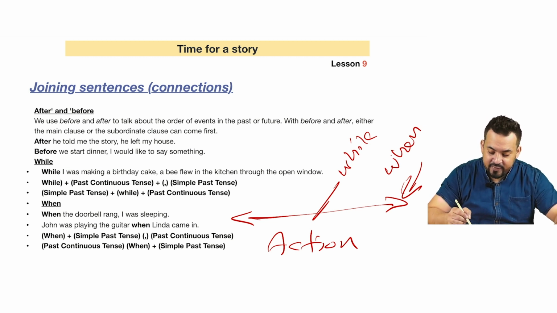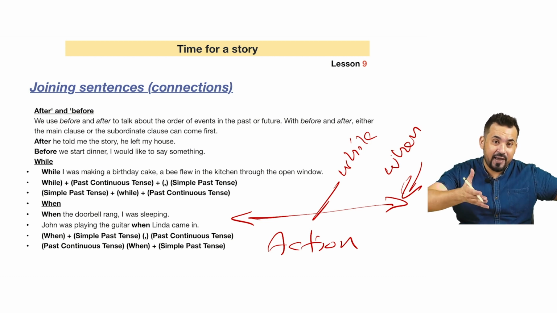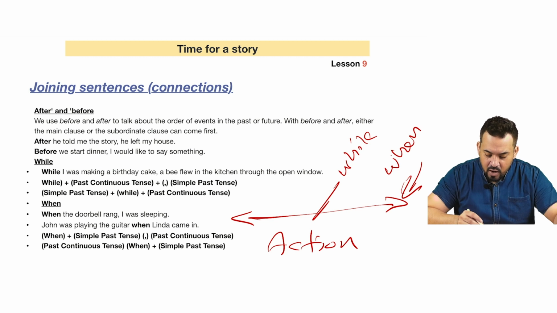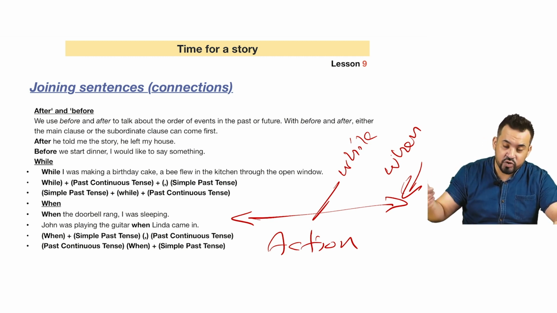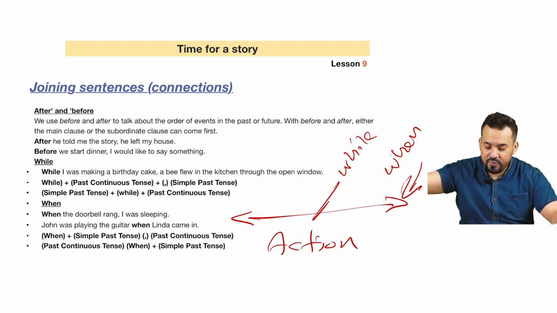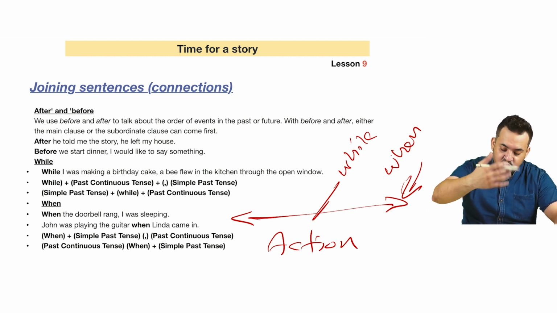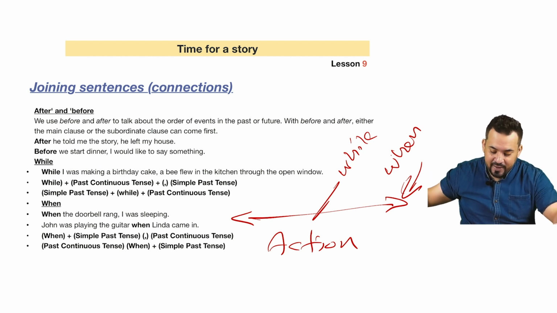John was playing the guitar when Linda came in. So John was playing the guitar, Linda came in. Okay, so immediately after. When is used with the simple past and the past continuous. We can use the past continuous, then when, then the simple past, like John was playing the guitar when Linda came in.